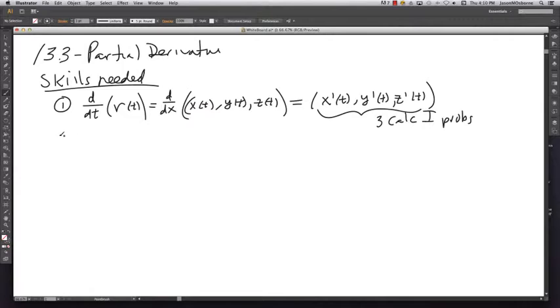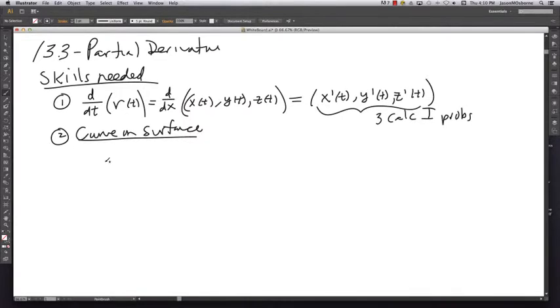Okay. The second thing you're going to need to remember is the concept of a curve on a surface. We've done these a lot in class. The curve on the surface, let's call it C of t, is of the form where you pick an x of t and a y of t.